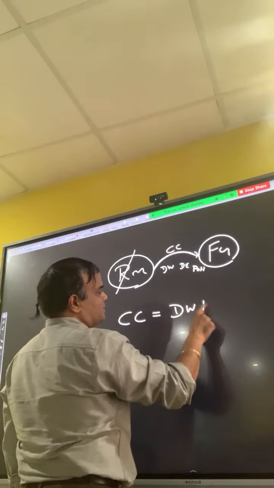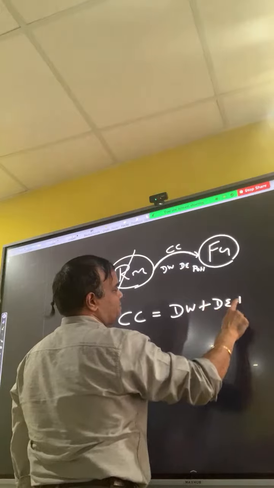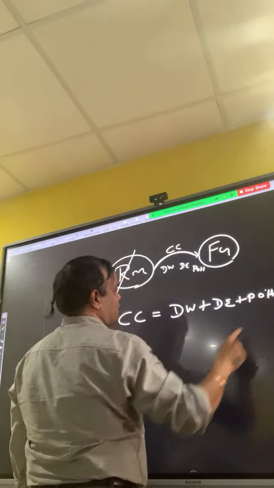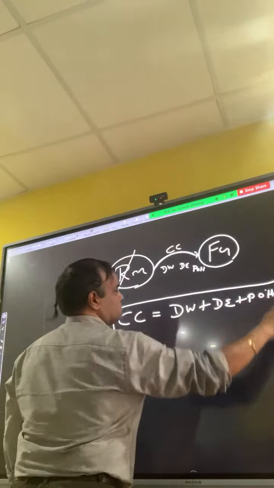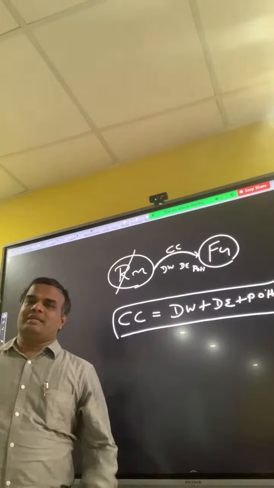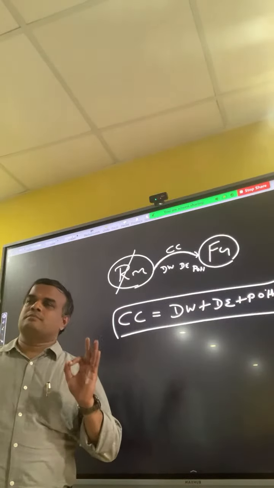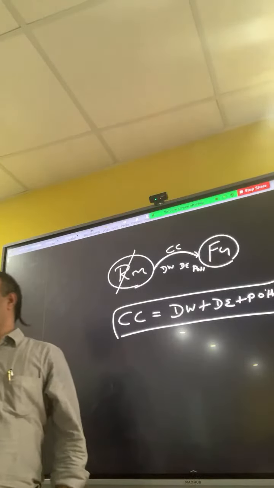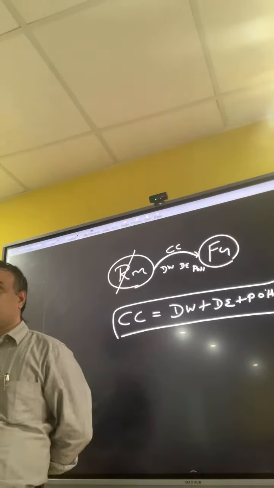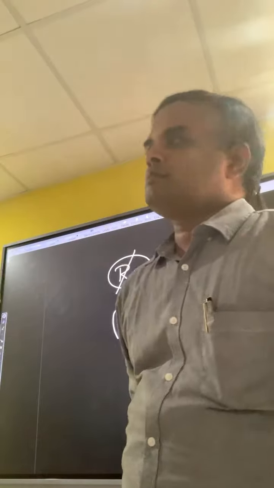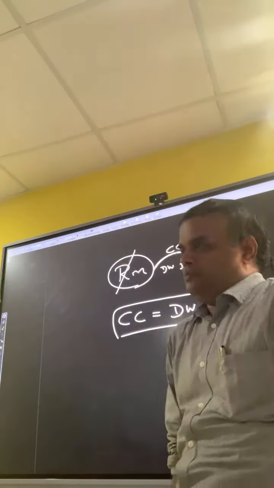Direct wages plus direct expenses plus production overhead is equal to conversion cost. Understood what is called the conversion cost? Very good.